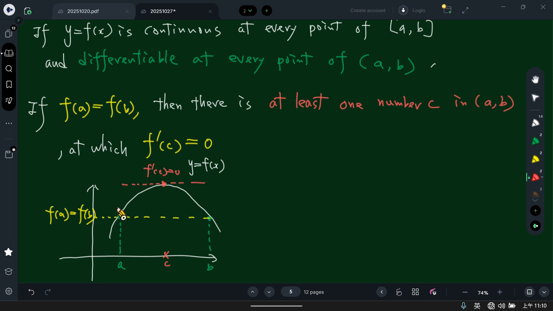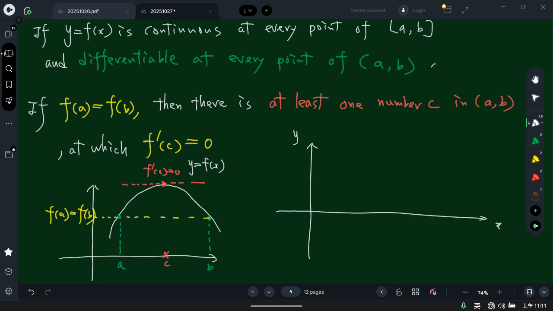It may possibly be going down then going up, right? I just showed a case like this one, but you can conduct another example going down then going up, and we still can find C within A and B, then f prime C is equal to 0.